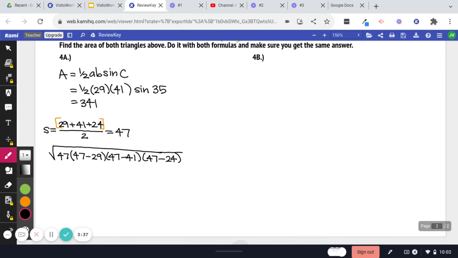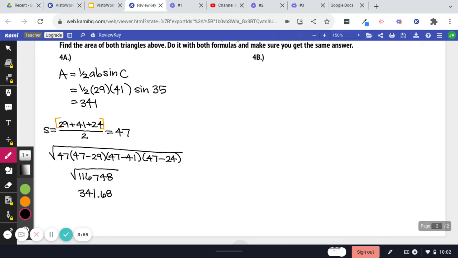And then I have to square root that. When I square root that, I get 341.68. Again, probably some rounding. It's not exactly 35 for that angle, but looks good.